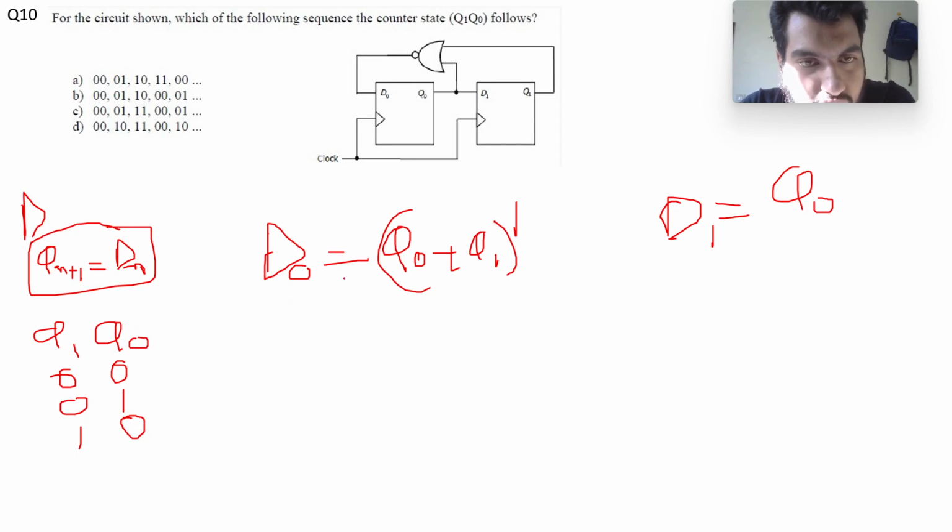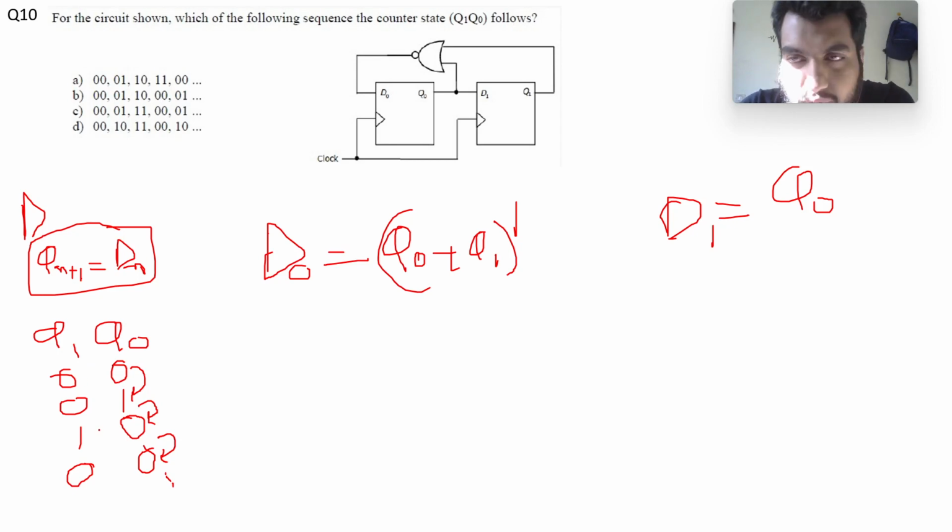Then D0 is equal to Q0 NOR Q1, that is again equal to 0. And D1 will be equal to Q0. Q0 was equal to 0, so that means D1 will be equal to 0. So we started with 0 0, then we moved to 0 1, then we moved to 1 0, and finally we moved back to 0 0, and so on.